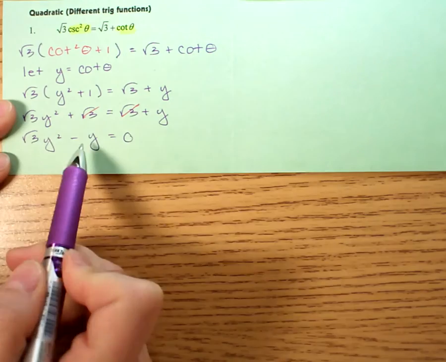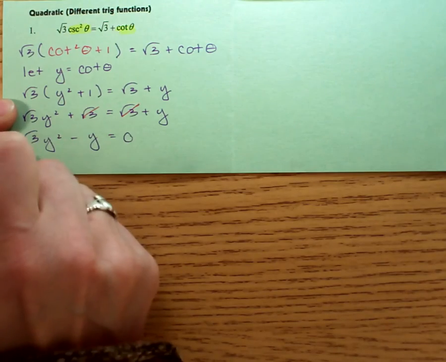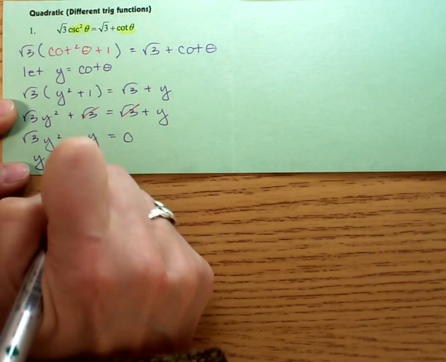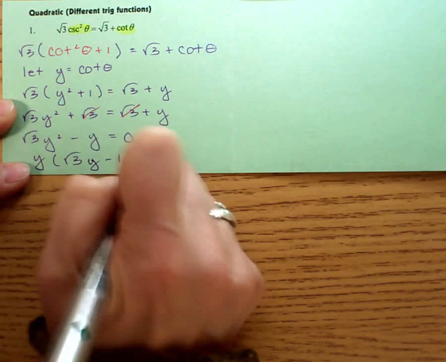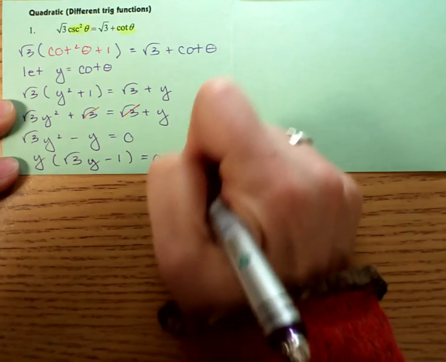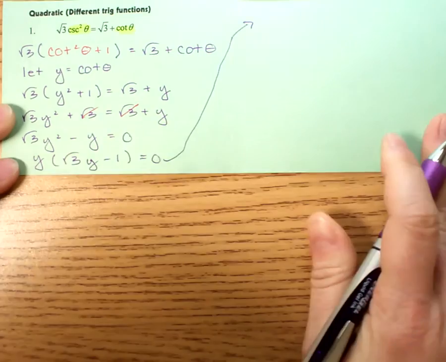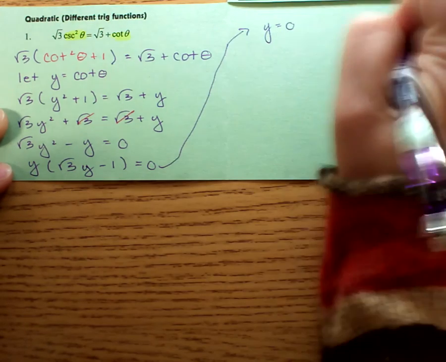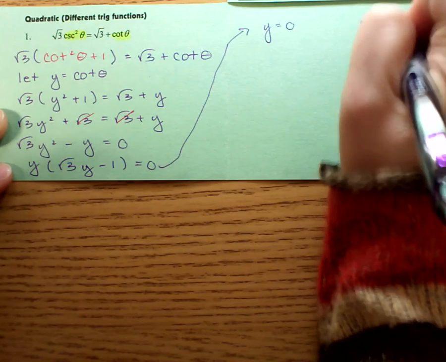I recognize this as a GCF problem, so I'm going to factor out my y, and I have y times square root of 3 y minus 1 equals 0. So now, using my zero product property, I can say y equals 0 or y equals 1 over radical 3.